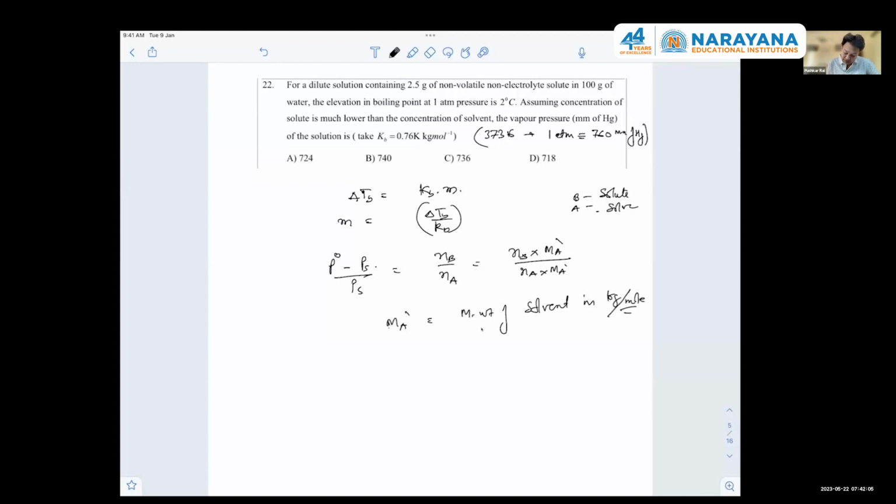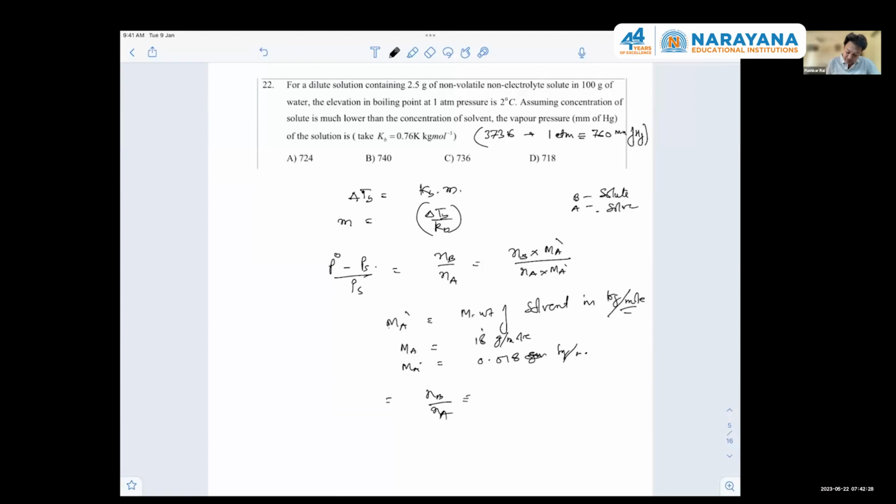For example, for water, if A is the solvent water, MA is 18 gram per mole. That's the molecular mass. But here, MA dash is equal to what? 0.018 kg per mole. So the idea is this, that then this NB upon NA will become what?